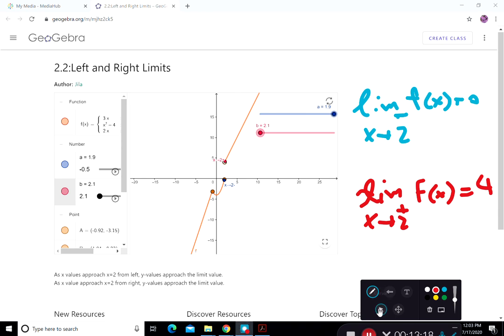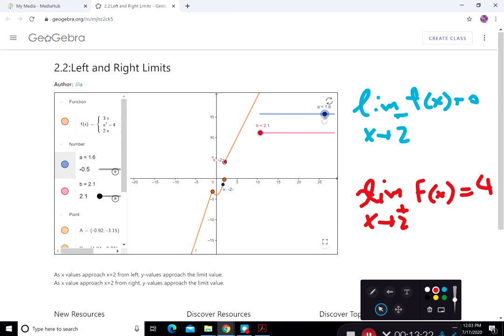So this just means that when I was approaching from the left side, let's go back, the function is creating this path and the point is traveling on that path as x approaches 2, and the path is predicting that as x gets to be 2, the y value is going to be 0.